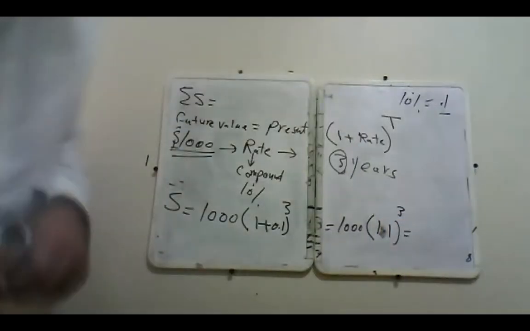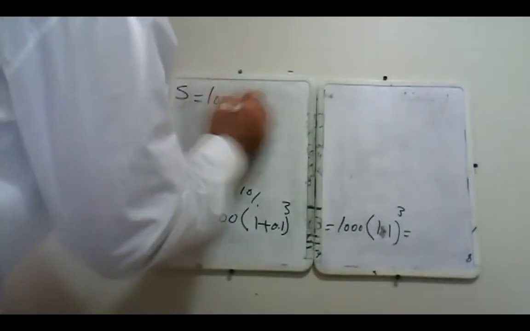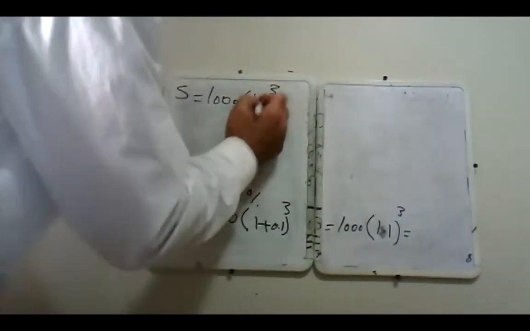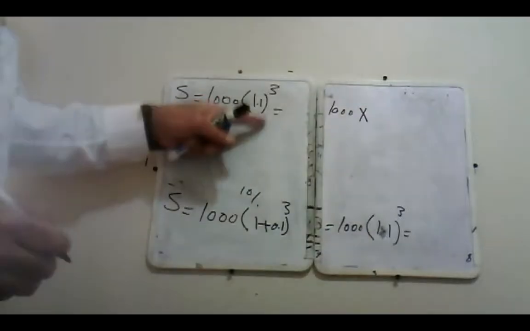Simply, the future sum will be 1,000 multiplied by 1.1 power 3, the time. So 1,000 is outside, multiplied by 1.1 cubed.